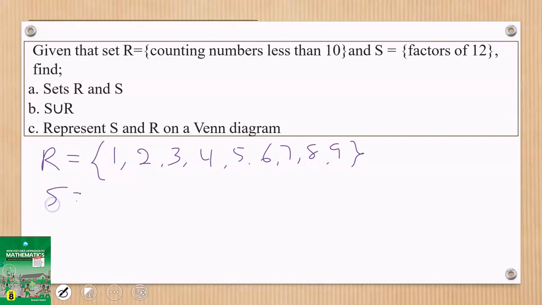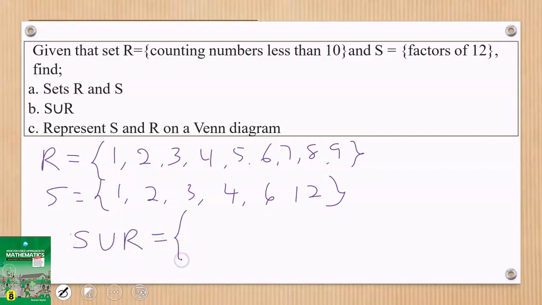Then S are factors of 12. So for 12 we have 1, 2, 3, 4, 6, and 12. These are the factors. Then we have to find S union R. And S union R simply means we are going to have all the elements in both sets.